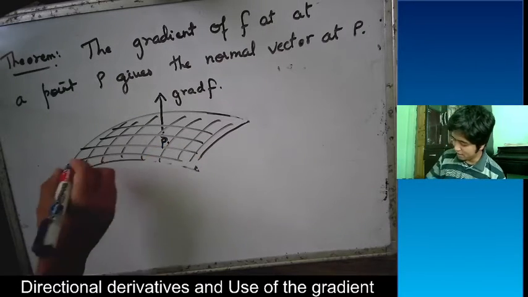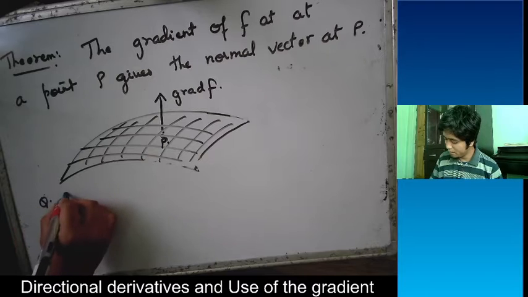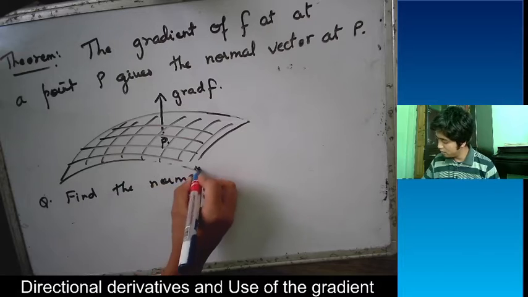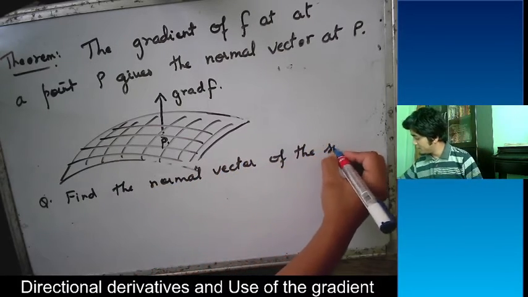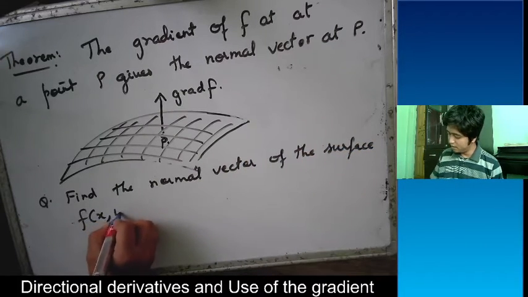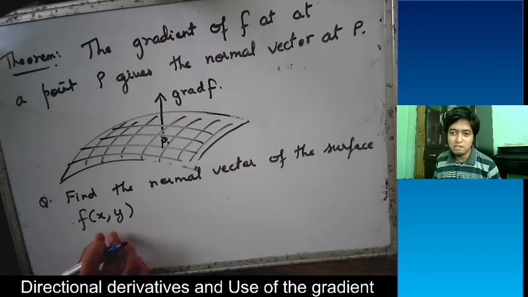Okay, let us just do an exercise. Find the normal vector of the surface f(x, y). Okay, let us make it a function of two variables.